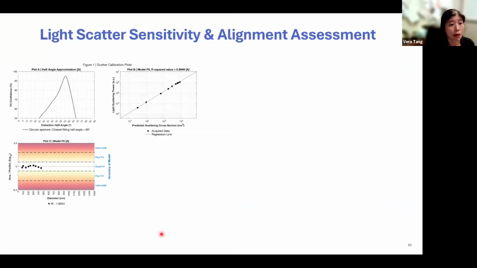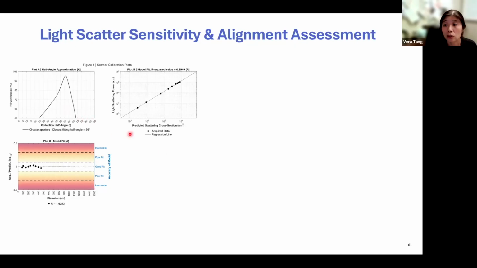Something that you learn about your instrument is actually the collection angle. It's an assessment of the alignment of your laser to that core stream and how well aligned it is. We know the anticipated collection angle if you know the geometry of your flow cell. The standard CytoFLEX flow cell is a rectangular flow cell, and you can ask the manufacturer for it.